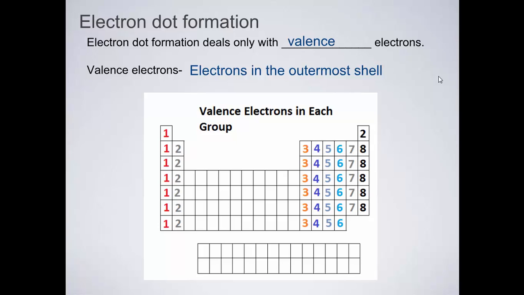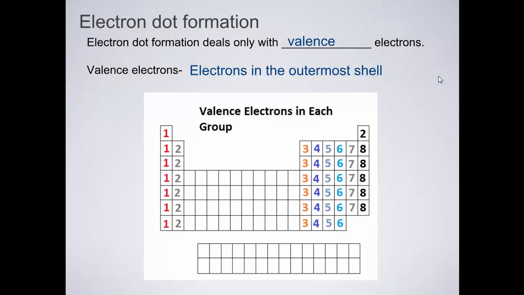Group 14 has 4, 5, 6, 7, 8, and so forth. The ones in between those groups don't follow the same pattern, but they all have less than 4.